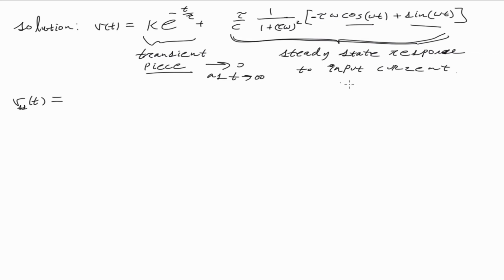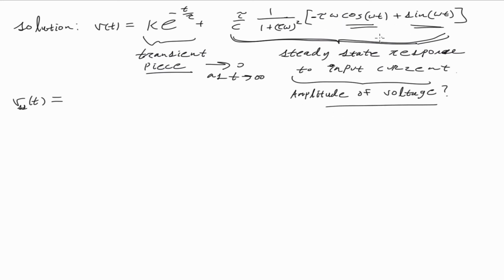The question I have is, what's the amplitude of the voltage? We see that it's oscillating with the same frequency as the input, omega, but I want to know the amplitude.